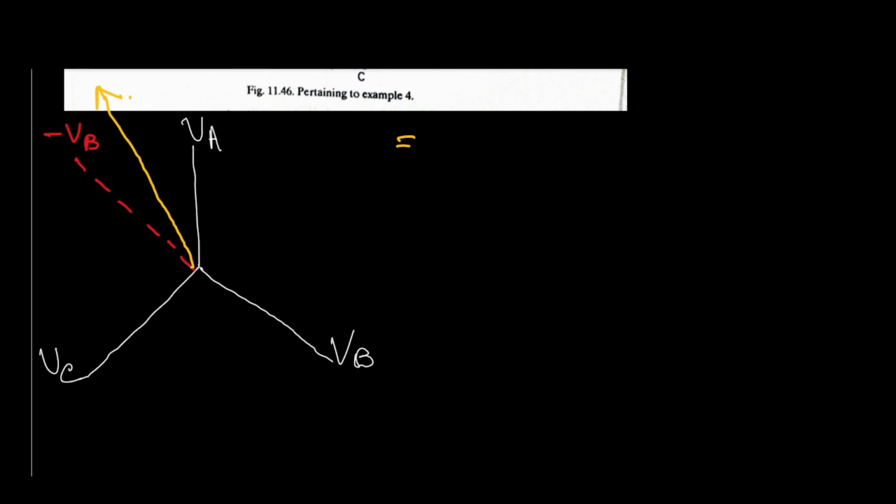Now in case of the delta side, the voltages will be VAB.